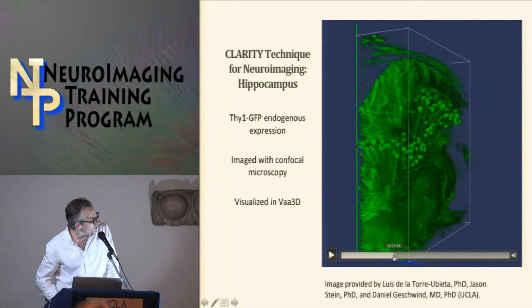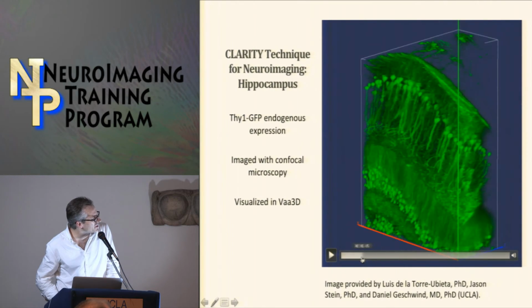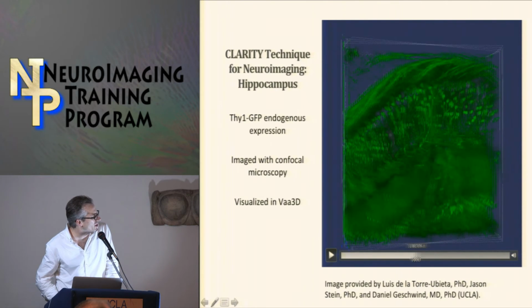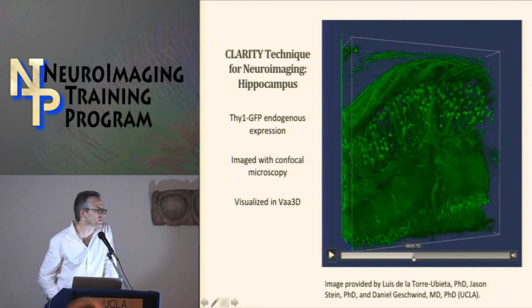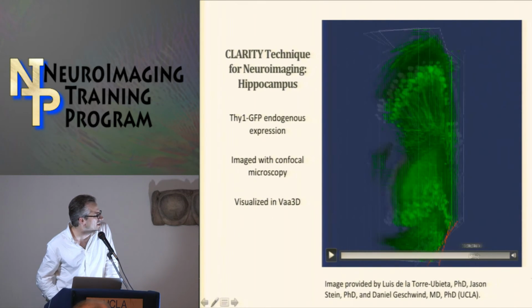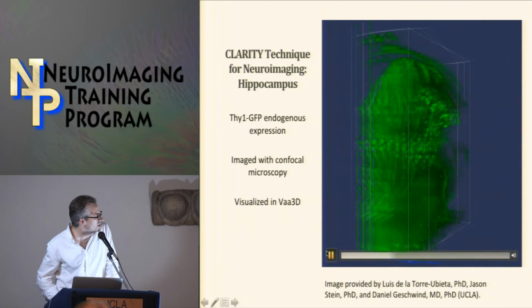And so this is a section of a hippocampus from some data that was collected by Luis Del Torre, who's part of Dan Geschwind's lab here at UCLA. And you can see, we're looking at less than a millimeter slice, and you can see volumetrically individual neurons, which I think is pretty amazing. And this is done with a confocal microscope.